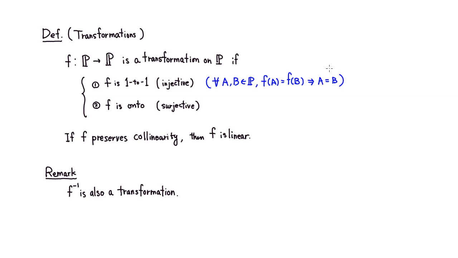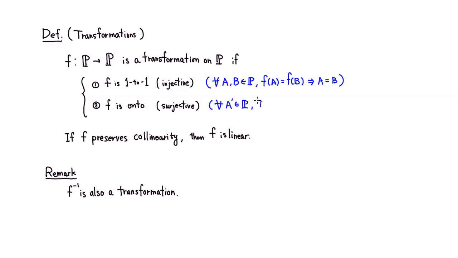F is onto means that it hits everyone in the codomain. So for all points, say I'm going to call it A prime, in the codomain P. Codomain is this guy right here. So this is the domain, and that's the codomain.